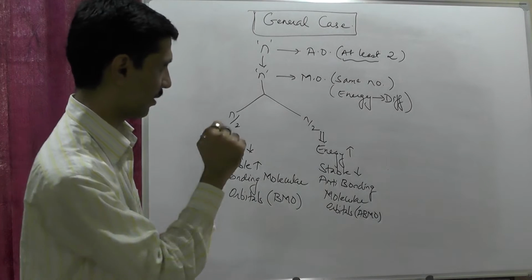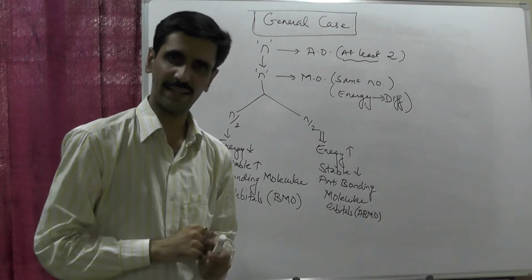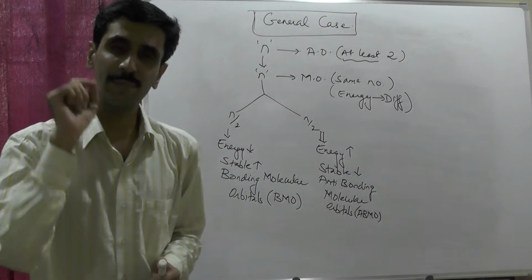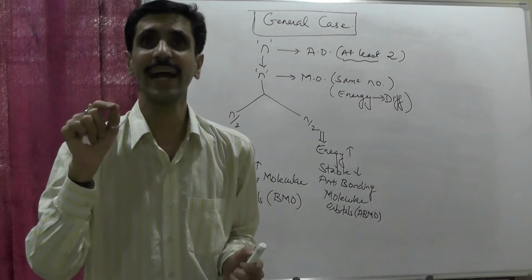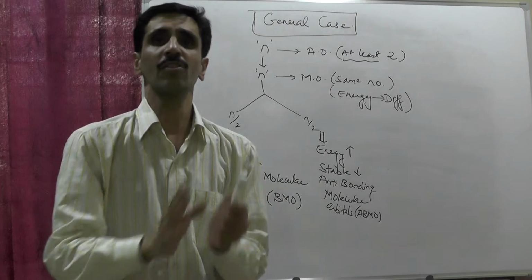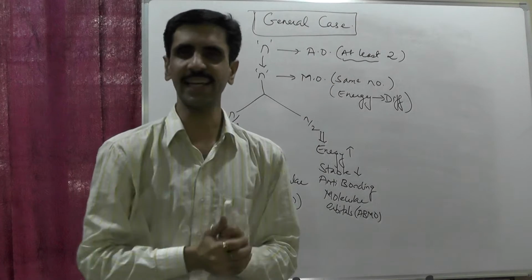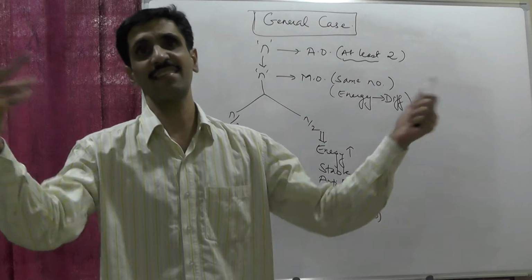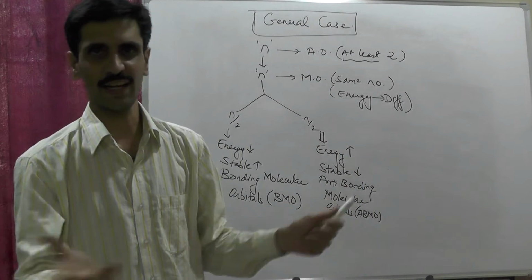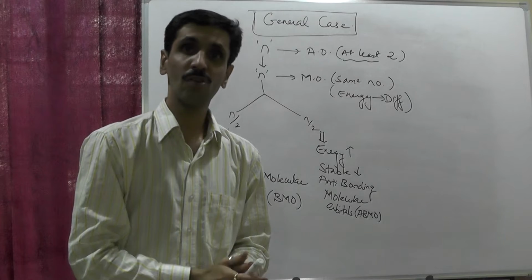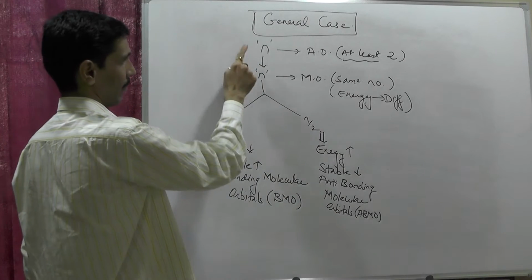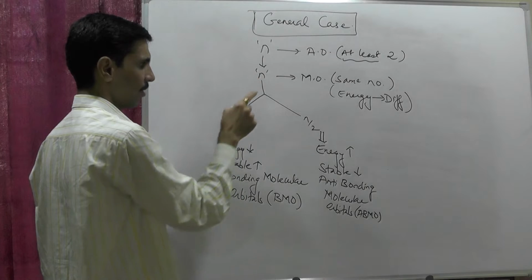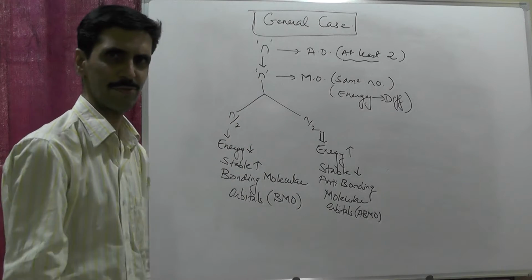Alright, now one more point I would like to mention. I made a condition that the value of n should be at least 2, so it can be 2, 3, 4, 5, 6, 7 and so on. Suppose I say it's 7, since 7 is my lucky number. If I consider n as 7, then 7 atomic orbitals give 7 molecular orbitals, and 7 by 2 gives me 3.5.